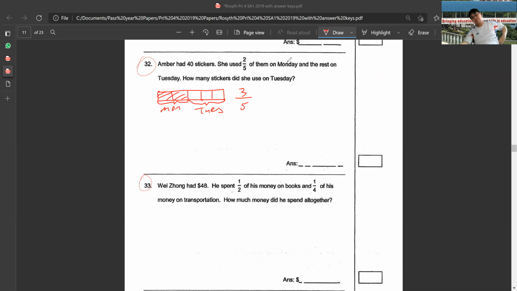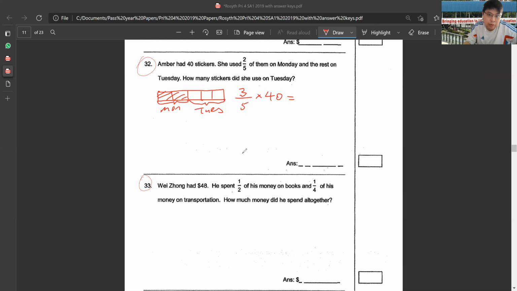She has 40 stickers. 5 units represent 40 stickers. So what must you do to find 3/5 of the stickers? 3/5 times 40. Yes, 3/5 times 40.